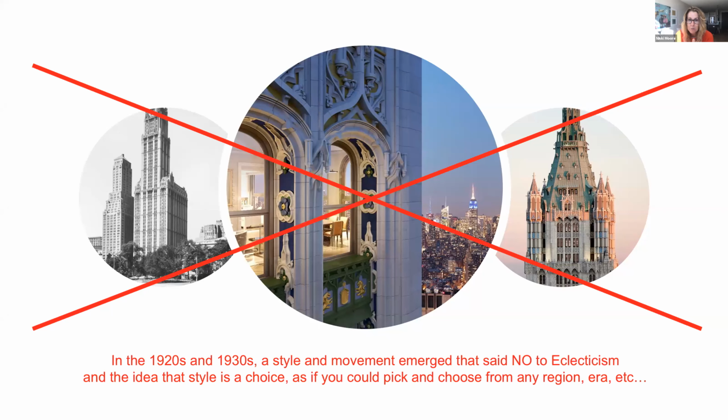We looked at these images when we saw the skyscraper in the park module, and we talked about how this very Gothic sort of tracery and embellishment and ornament was showing up on skyscrapers. And then sometimes you get Art Deco on skyscrapers, and sometimes you get who knows what on skyscrapers. And in the 1920s and 30s, a set of architects, particularly from Northern Europe, but it also sort of moved over into the United States, started to say no to this kind of eclecticism.